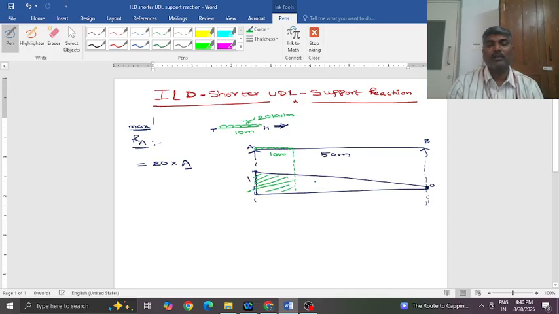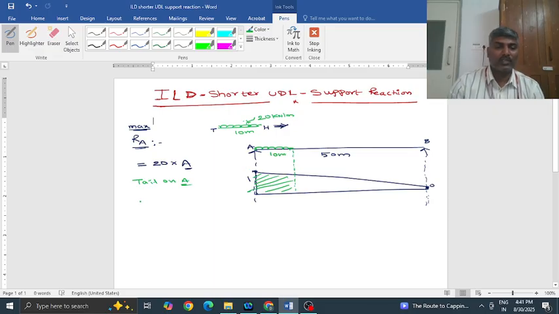For any other position, it is not going to occupy more than this area. So how do you describe this position? The tail is on A. So keep the tail on A. That is how you describe the position of the load.